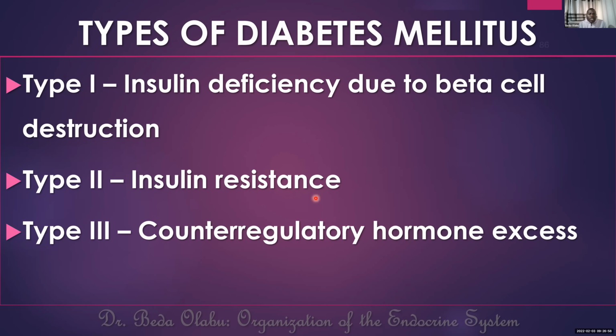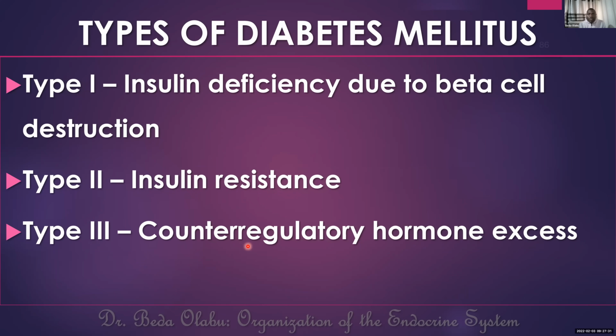Then we have type 3 DM. Type 3 DM is also called secondary diabetes mellitus. This is diabetes due to excess of counterregulatory hormones. A counterregulatory hormone is a hormone that raises sugar level. It can be growth hormone, like people with acromegaly or gigantism may be having diabetes.